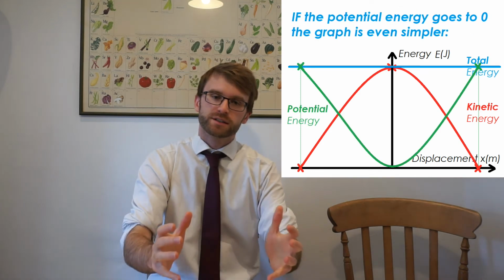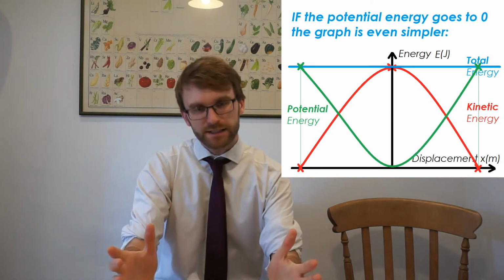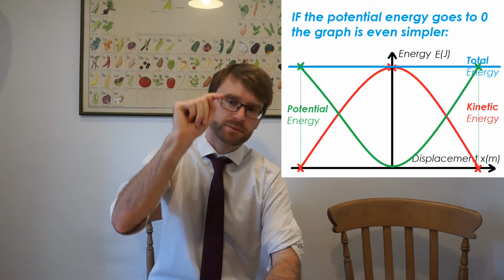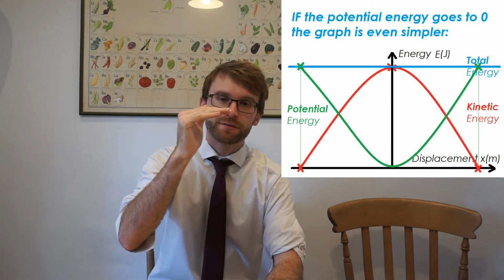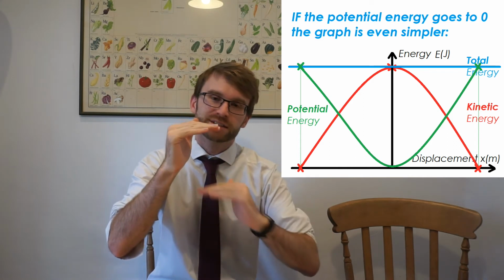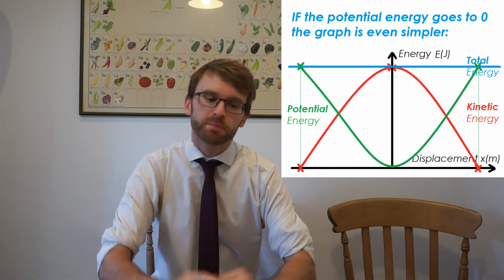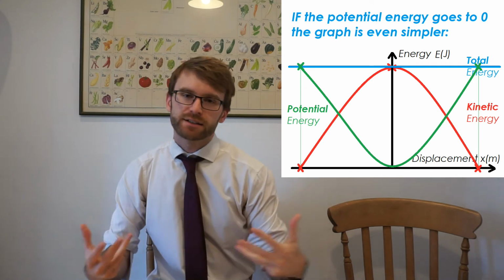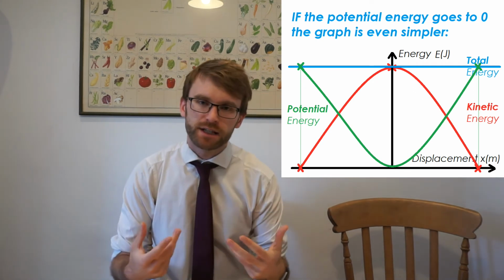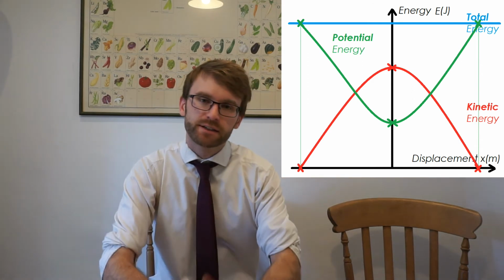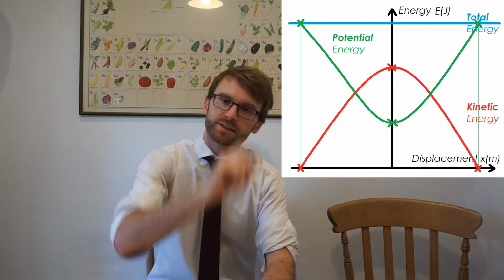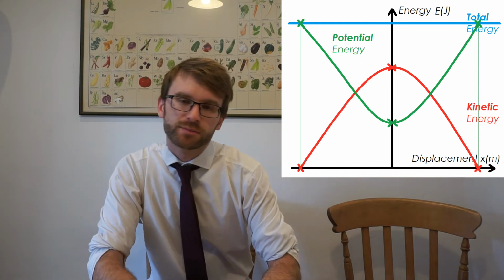Now notice, in the simplest case, the maximum kinetic energy goes on the line and therefore the minimum potential energy is 0. But if there is some excess energy in the system, if there's an excess potential, then I can just raise everything up and it still makes sense. The change in kinetic energy is still the same as the change in potential energy.